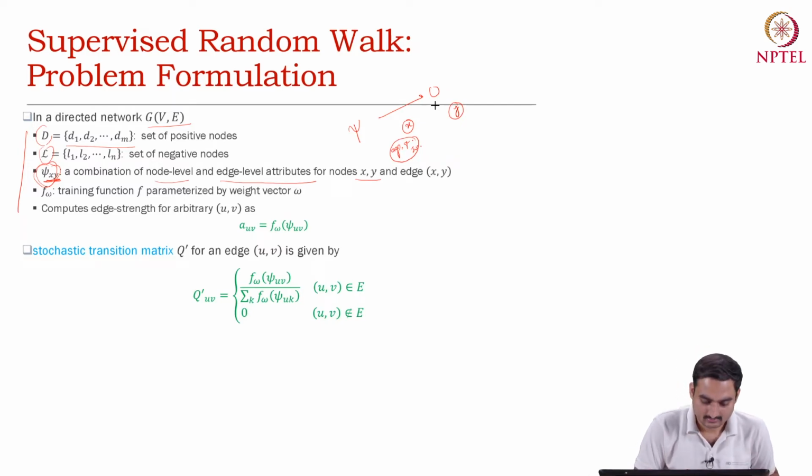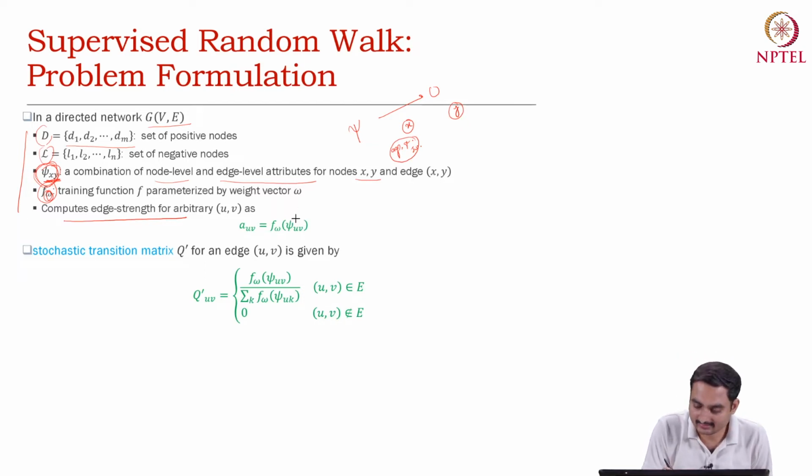We will see that the output of this will then be passed through a function f, which is parameterized by w, or omega, whatever. This w will be learned over time. Then based on that we compute the edge strength.